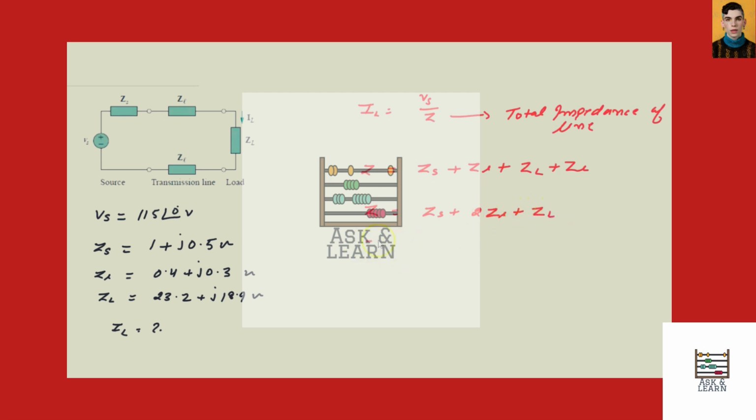Now put the values in this equation. Zs equals 1 plus j0.5 ohm, plus 2 times the line impedance, which is 0.4 plus j0.3 ohm, plus the load impedance 23.2 plus j18.9 ohm.